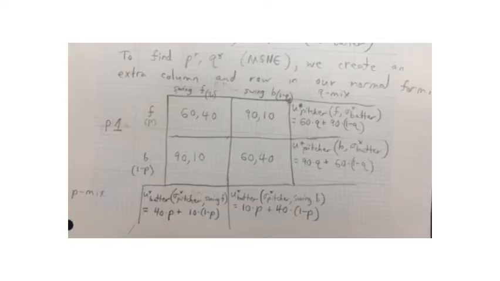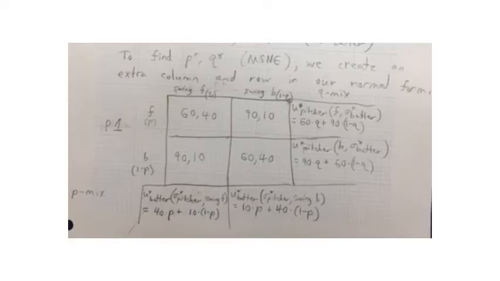Okay, so that's how we get the payoff to the batter. Should the batter swing fastball and the pitcher choose a fastball with probability P, a breaking ball with probability 1 minus P, that payoff to the batter is 40P plus 10 times 1 minus P.